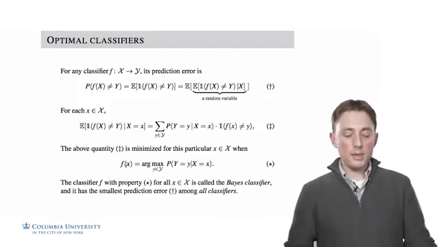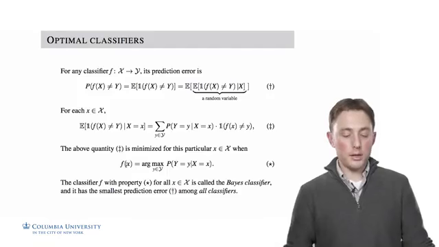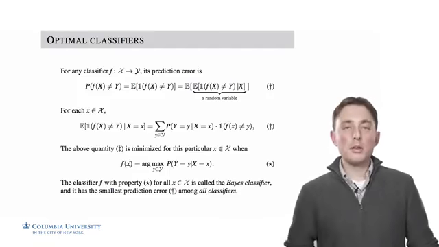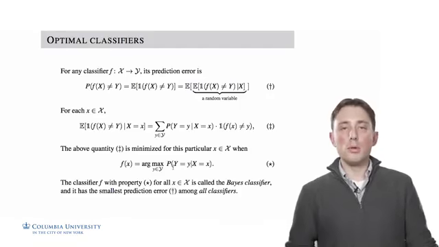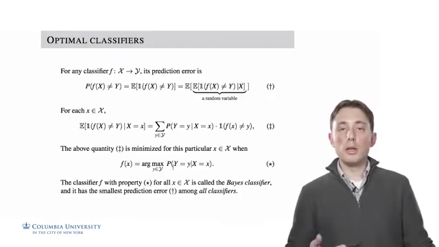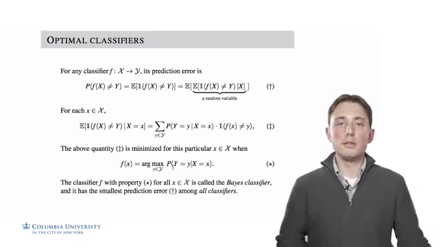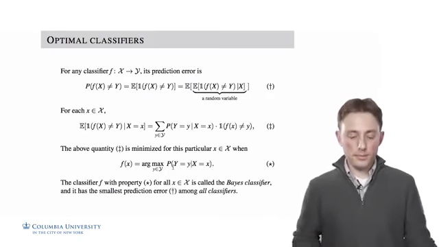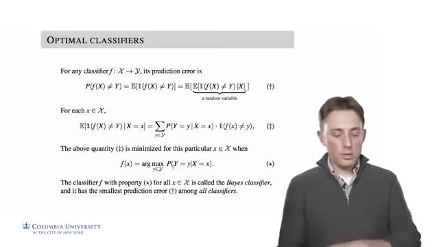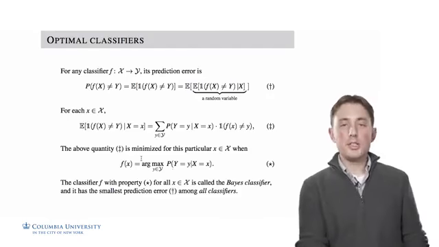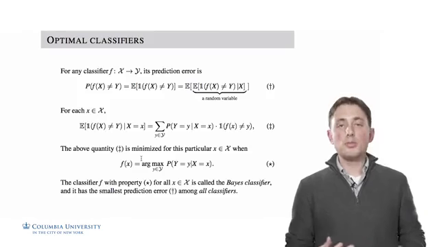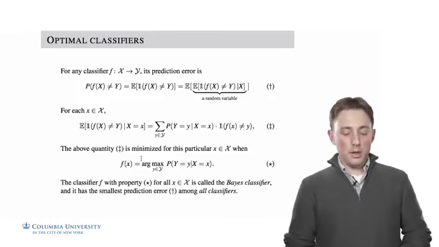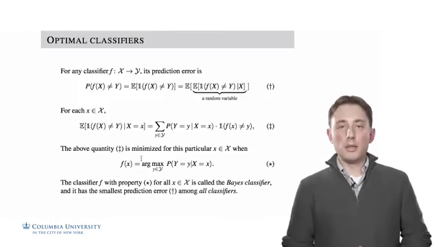So again, our Bayes classifier, this is called a Bayes classifier, is for a particular input x, predict the label to be the most probable label conditioned on x according to the true underlying distribution given to us from nature. So what we can show is that by making this prediction, the Bayes classifier will have the smallest prediction error among all possible classifiers.